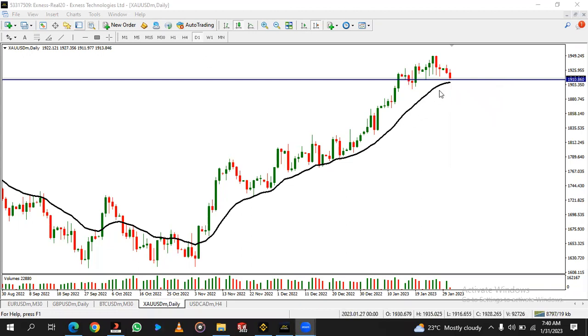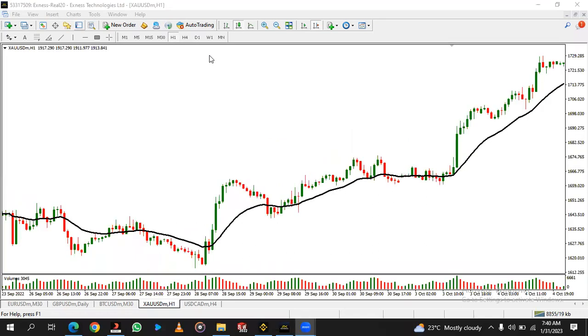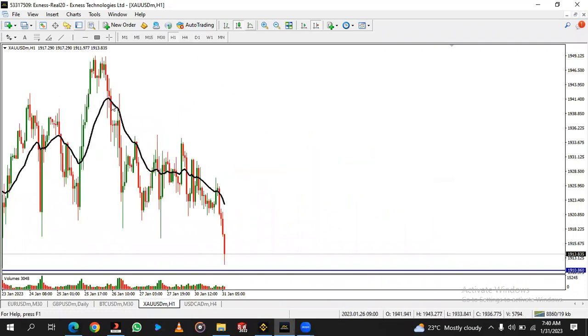Because right now, it's standing at the daily moving average, the daily market structure region. And in order for us to trade it, we have to follow strictly the market structure of the lower time frame, the internal structure, which I believe is 1 hour.